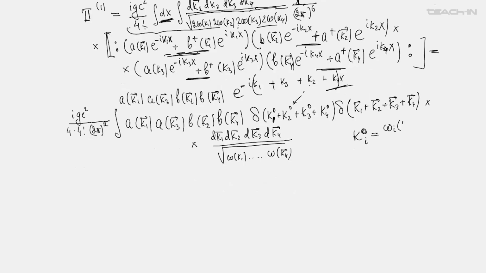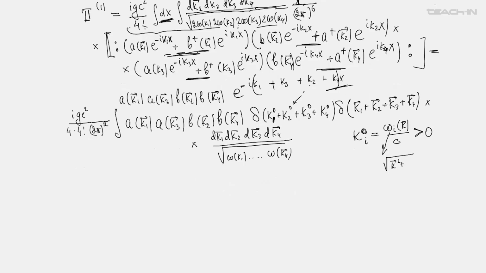And this quantity is always bigger than 0. For a relativistic particle, this quantity is k squared plus m squared. So this k0I is always positive.